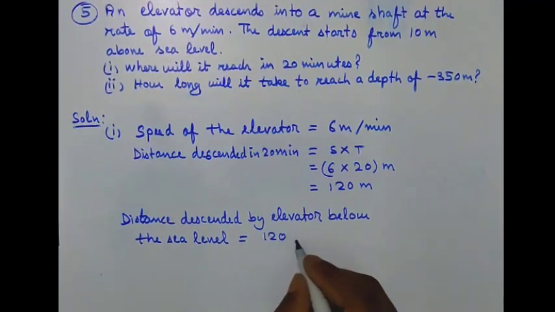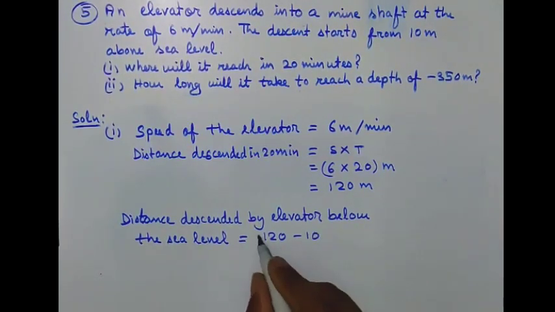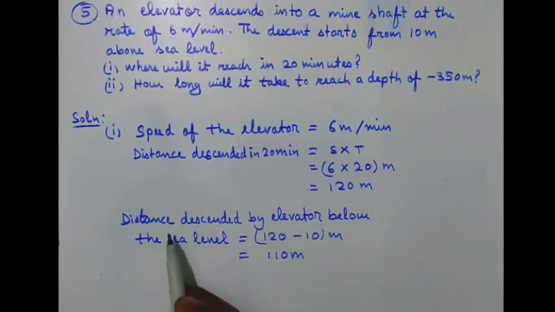So 120 minus 10 will give you 110 meter. So the distance descended by the elevator below the sea level is 110 meter.